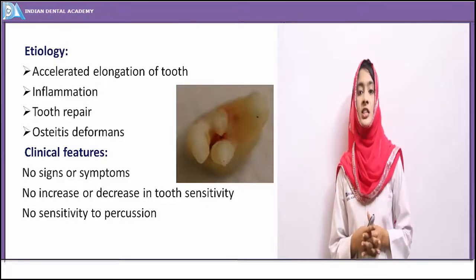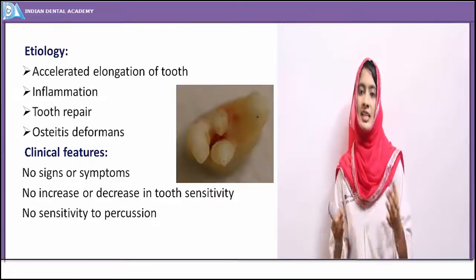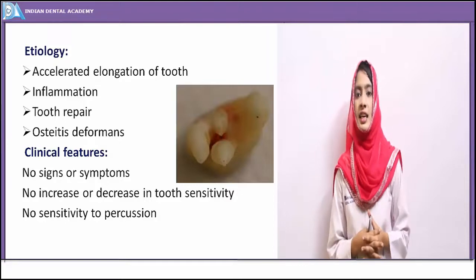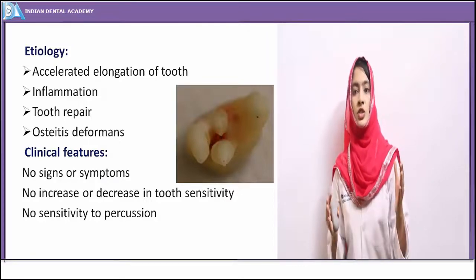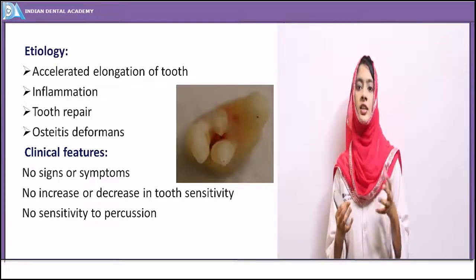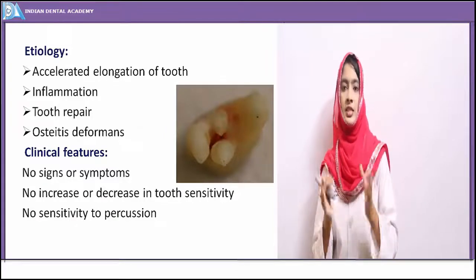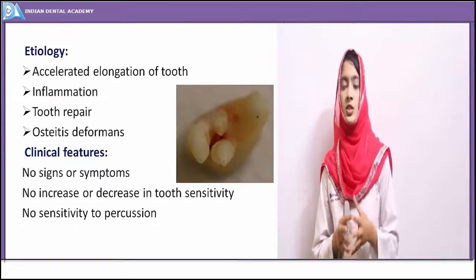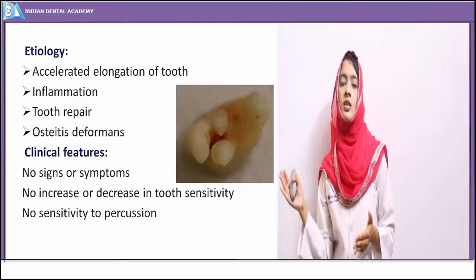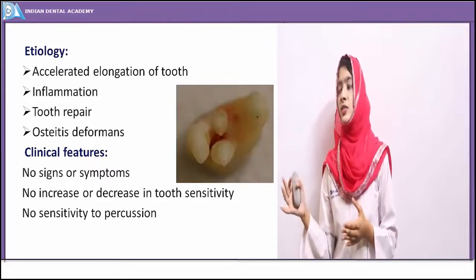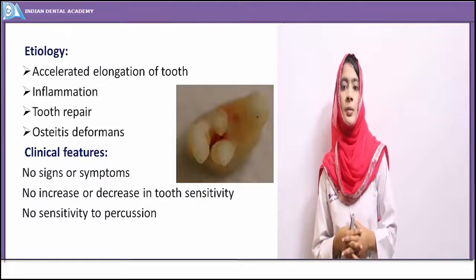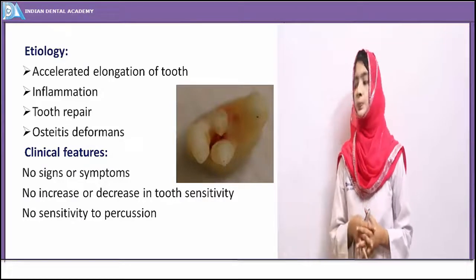Osteitis deformans, or Paget's disease, is a generalized skeletal disease characterized by excessive deposition of osteoid throughout the body. The teeth show excessive deposition of cementum on the root surface, so generalized hypercementosis of all the roots is seen, along with complete disappearance of the lamina dura.